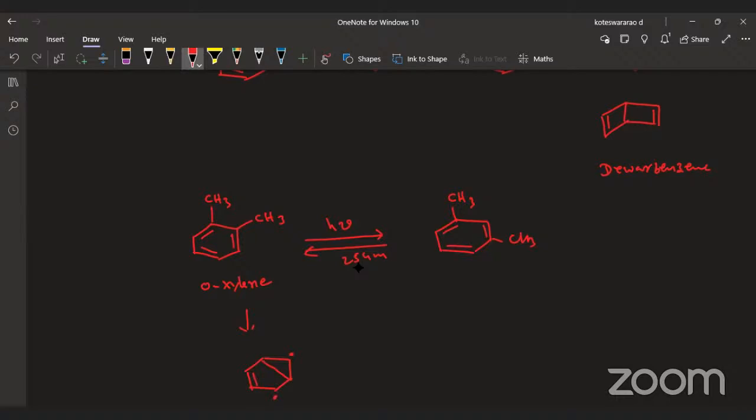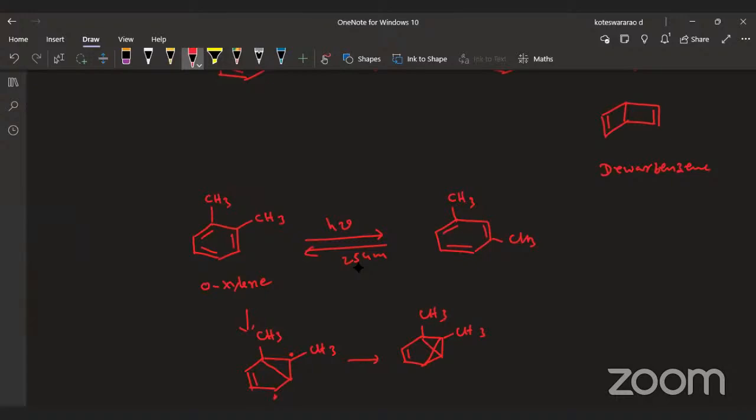And here another radical is generated. Here the CH3 and CH3. In the next step, there is a bond formation between these two carbons by the homolytic interactions. CH3 and CH3. Further cleavage of the bonds.